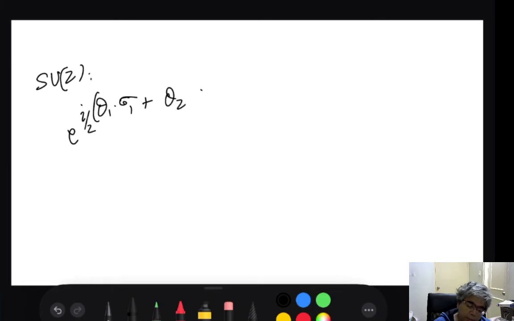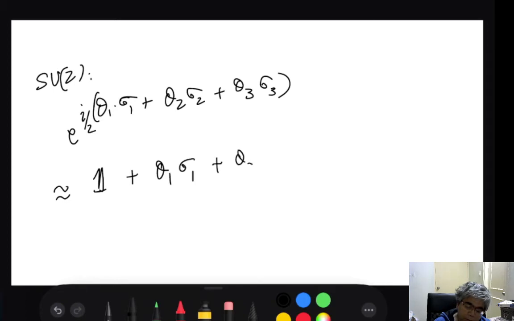This is a given element of SU2, so let's just study SU2. e to the power i, maybe there is a 1/2 here, theta 1 times sigma 1 plus theta 2 times sigma 2 plus theta 3 times sigma 3. If I expand this, taking theta to be small, close to 0, that means this is 1 plus theta 1 sigma 1 plus theta 2 sigma 2 plus theta 3 sigma 3.